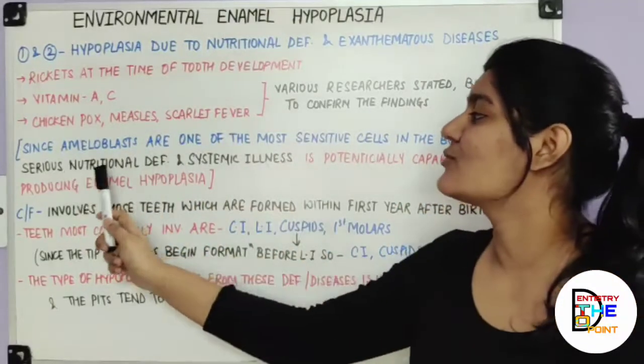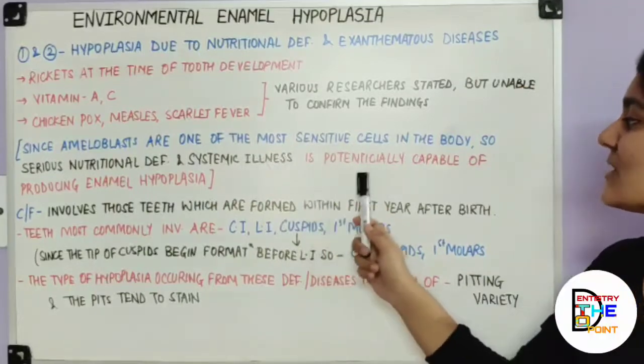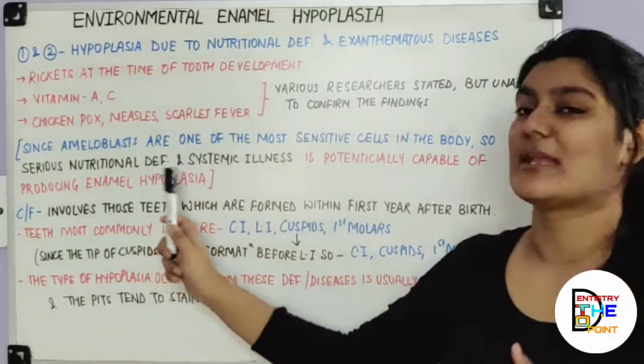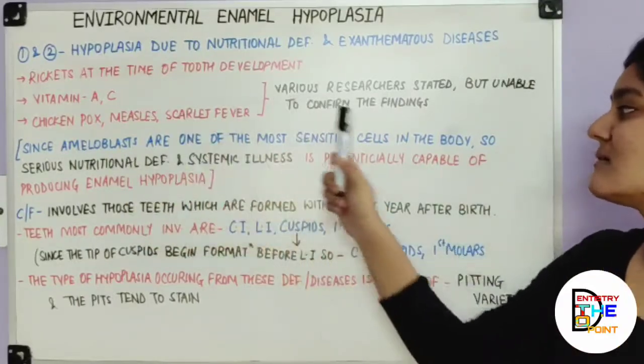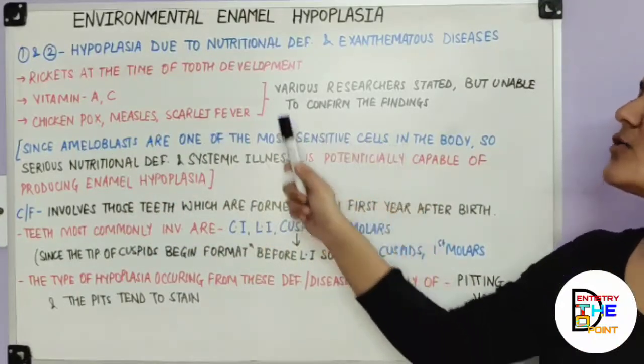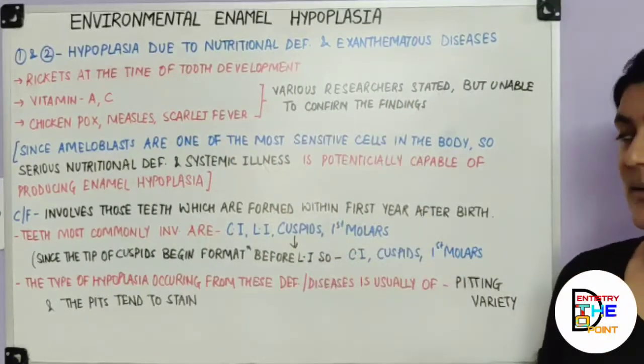So serious nutritional deficiencies and systemic illnesses are potentially capable of producing enamel hypoplasia. Okay, so since these are the sensitive cells in the body, such kind of things can produce enamel hypoplasia based on this.